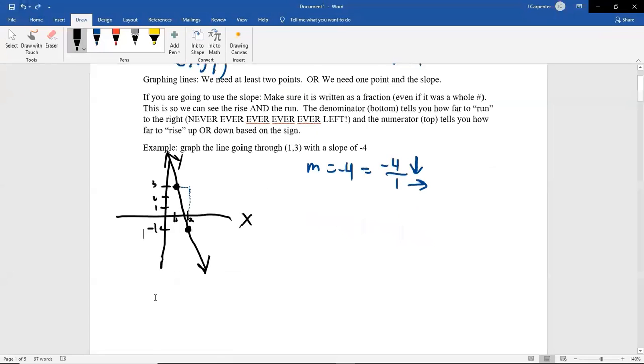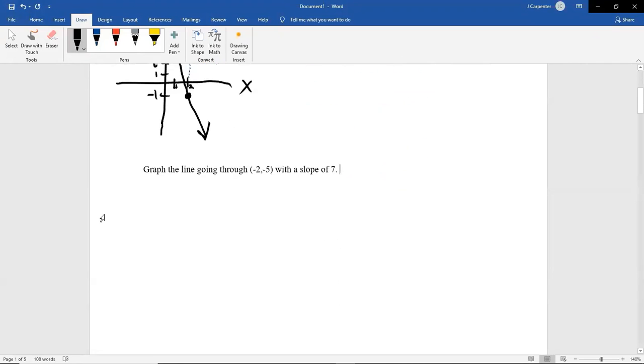All right, let's try another one. Graph the line through -2, -5, slope 7. So we're going to plot that -2, -5.